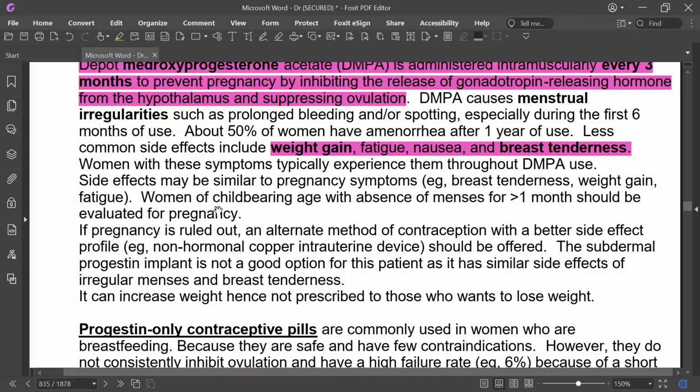A woman of childbearing age with absence of menses for more than 1 month should be evaluated for pregnancy. If pregnancy is ruled out, an alternate method of contraception with a better side effect profile, such as a non-hormonal copper IUD, should be offered. The subdermal progesterone implant is a good option for this patient.